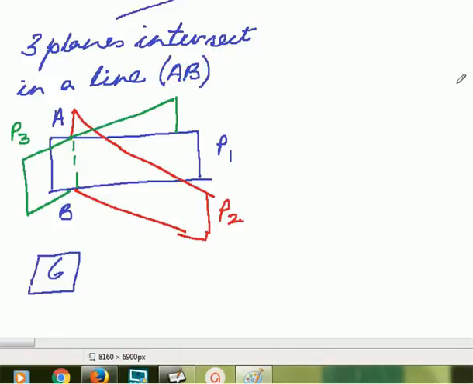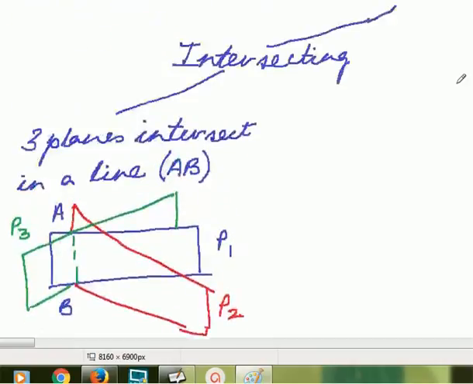Now the three planes may intersect, but not in a line. 2 planes may intersect in a line, and this line is parallel to the 3rd plane.